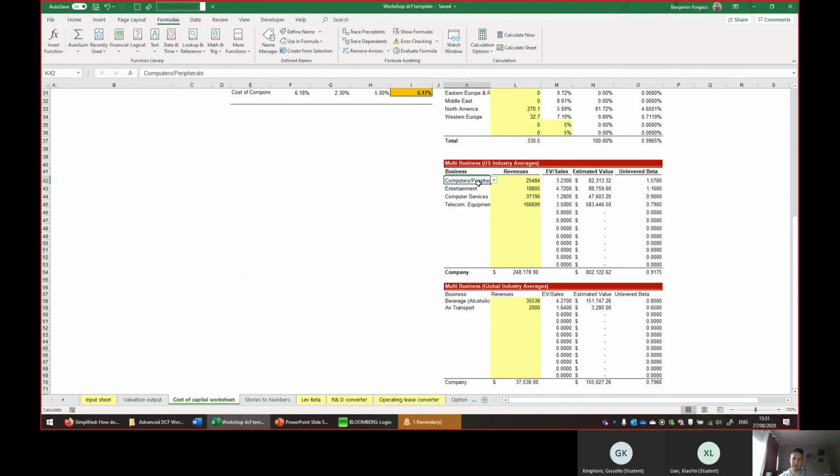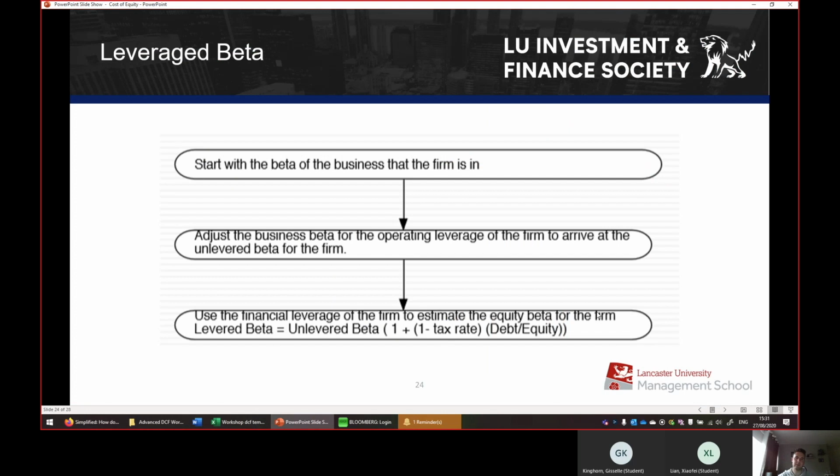So again, I've got a table here for a multi-business firm, and basically what I do is I stick in the different segments of the firm, like computer, entertainment, and so on, put in how much revenues they get from each, and then this will weigh each business and give me a beta for each one, and then a weighted average unlevered beta depending on the business mix. This is unlevered, so this doesn't take into account the debt and equity, so we have to re-lever it, and this equation here tells us how to re-lever the beta. You've probably come across this equation before.